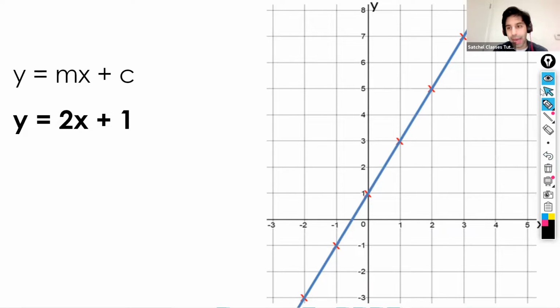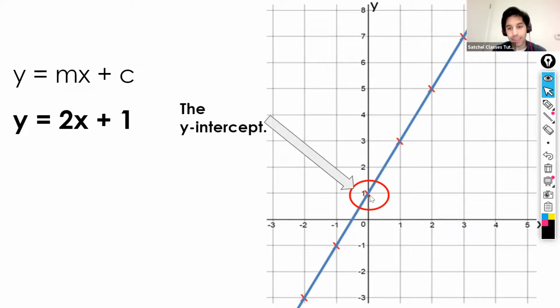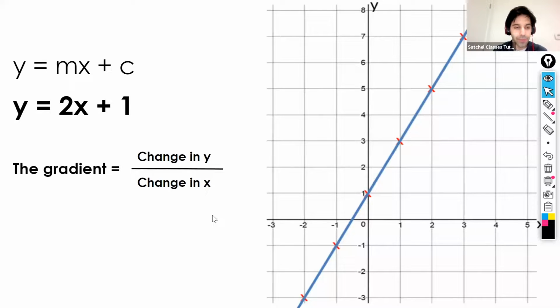Right, moving on, this is just highlighting what I just mentioned. The gradient, I said, is the change in y divided by the change in x. So our gradient here is 2. Now, if we compare two sets of coordinates, what is the change in x? I'm going to compare this coordinate here and this coordinate here.